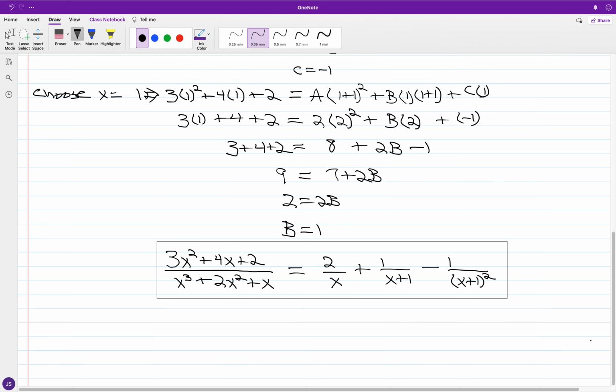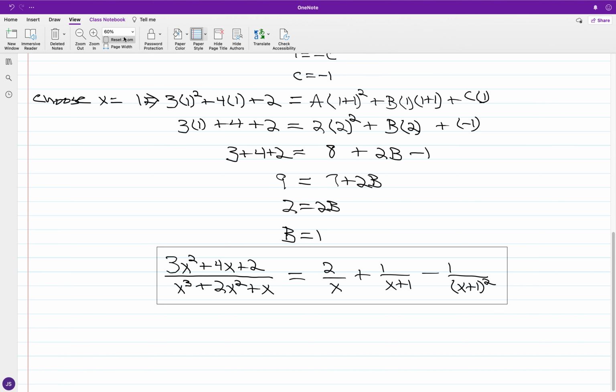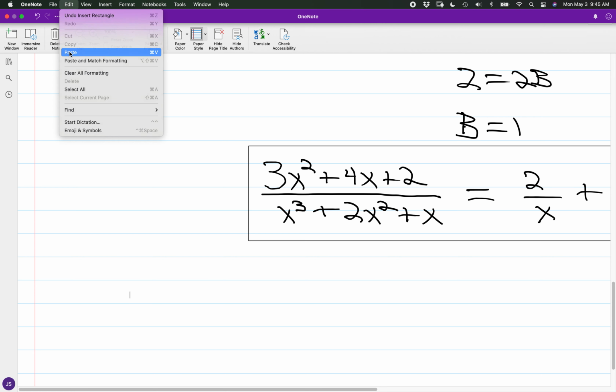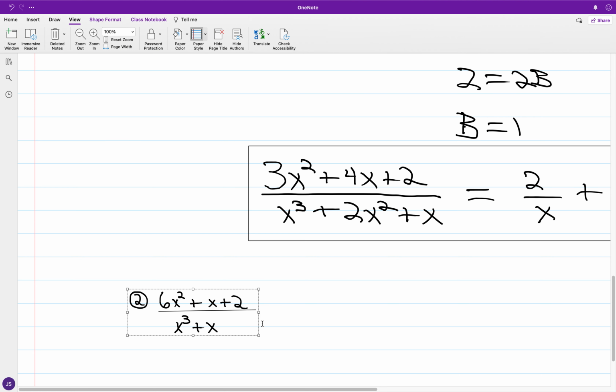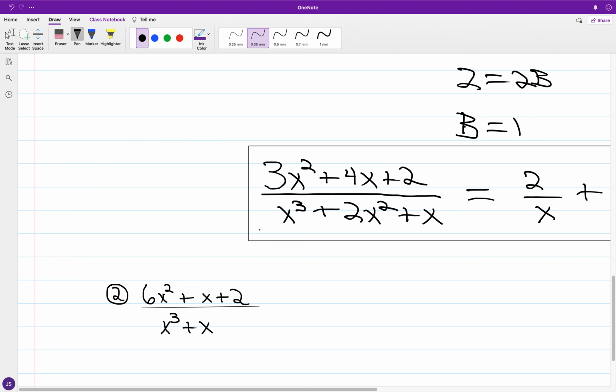All right, now just one more case here with partial fractions. Here we're going to have 6x squared plus x plus 2 all over x cubed plus x.